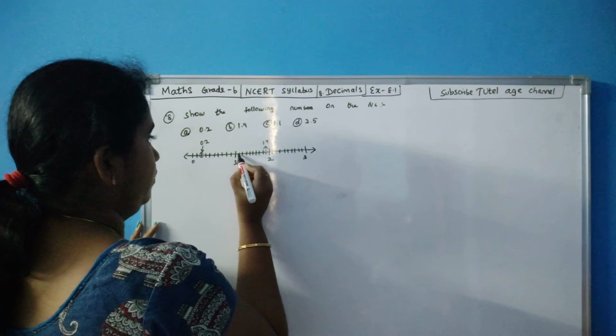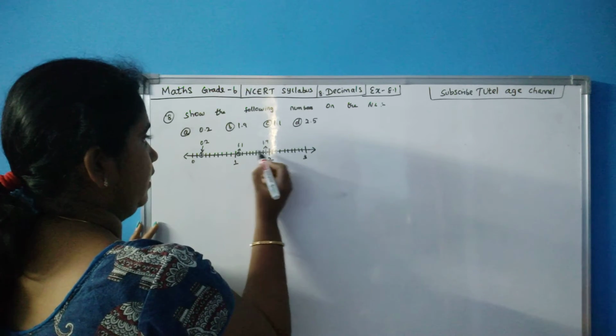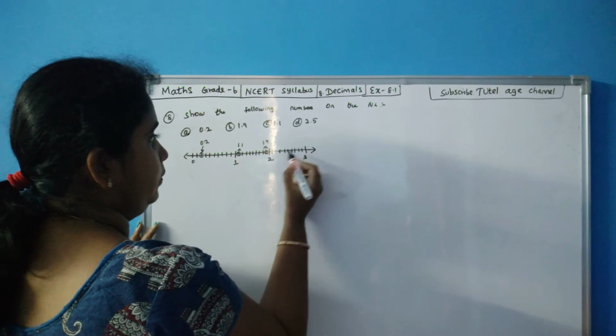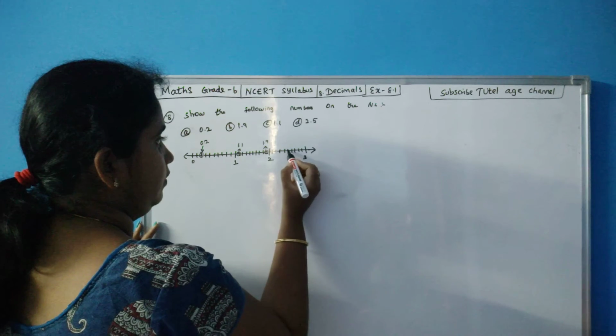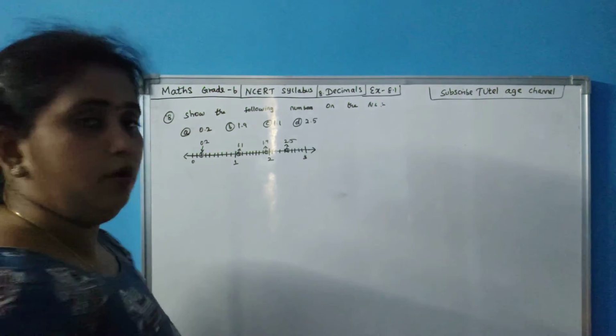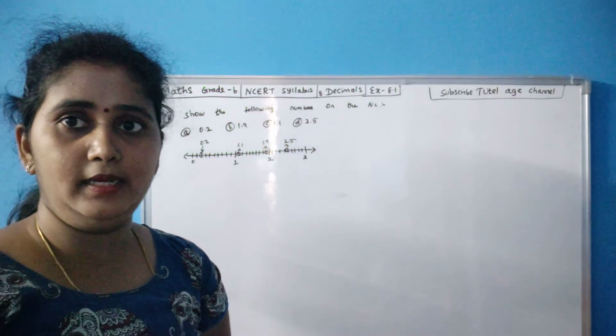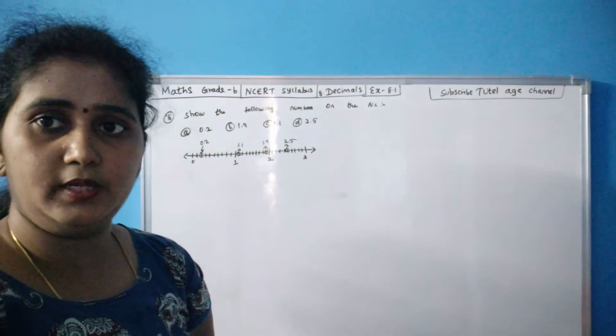Then 1.1 is here. You can mark it and circle it. And 2.5 is here. I have already taught in my previous video how to plot points on the number line. Hope you understand. Now we'll move on to the next sum.